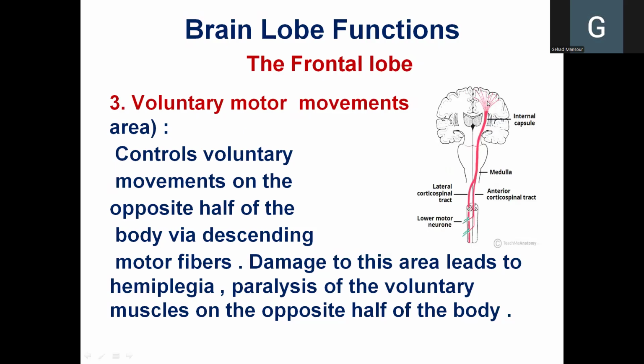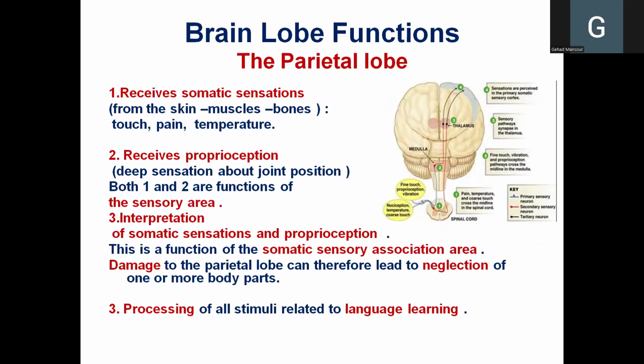Of course, if there is damage to that area, according to the extent of the damage, but let's imagine there is a lesion that damages the whole motor area, then there will be complete hemiplegia on the opposite side of the body, complete paralysis of the opposite side of the body.